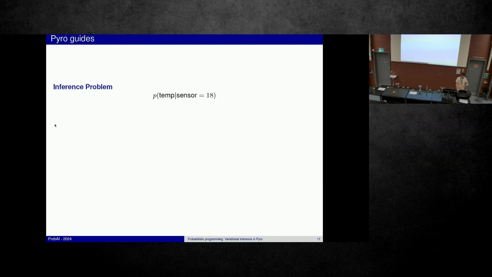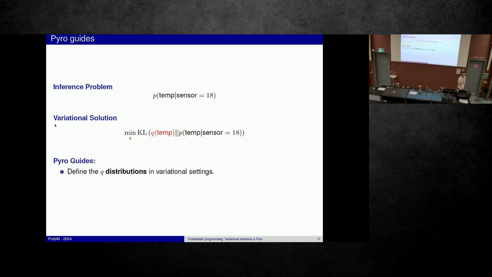Good. Then in terms of guides, for now we just used the default guides in Pyro and relied on normal distributions for approximation, for our variational approximations. With Pyro, what we're doing is variational inference, and the way we define our variational distribution is through these guides, or our Q distributions.